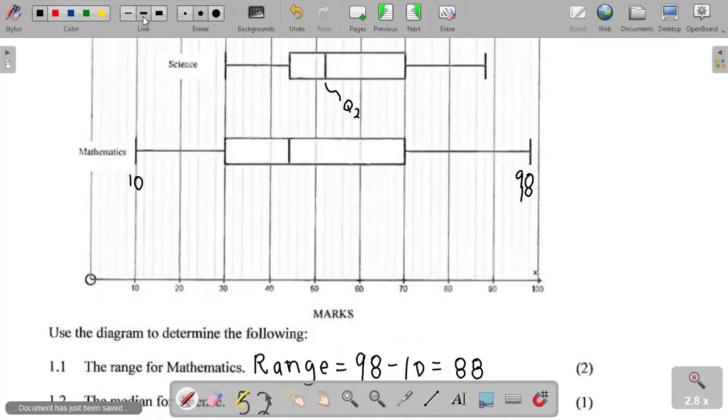This is Q3, and this is Q1. If it's 2 units, it will go from 40, it's going to be 42, 44. So it's going to be 70 minus 44.